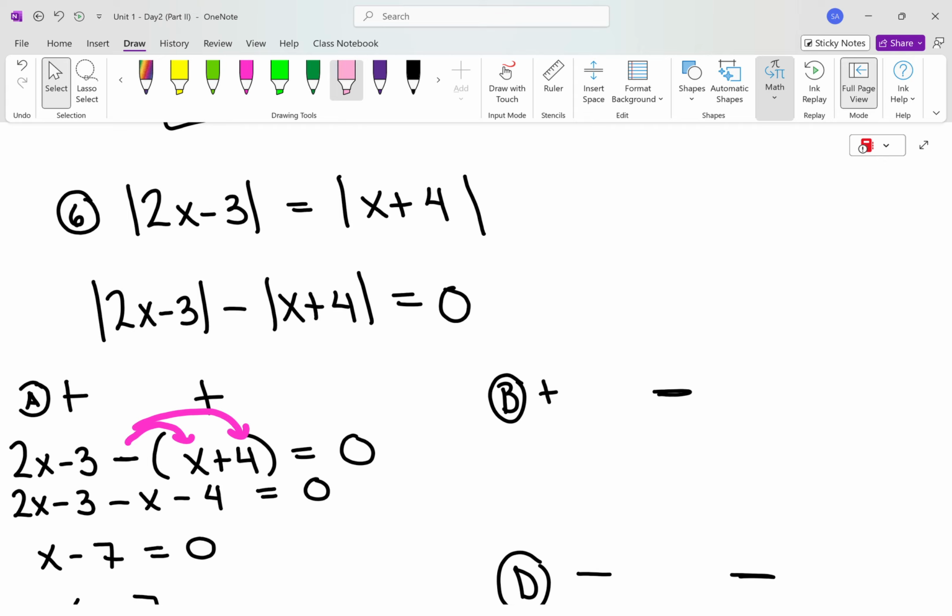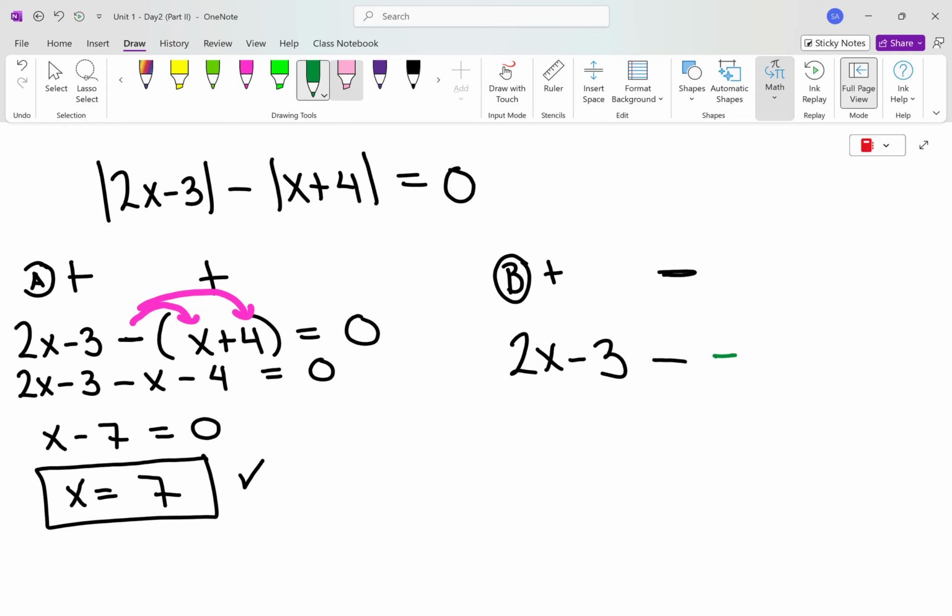So scenario B is saying keep the first quantity as it is, positive, but now we're negating the second quantity. Now be very careful. This minus is not negating the second quantity. This minus is just saying subtract that second quantity. So to negate that second quantity, I need the minus, but then another negative.